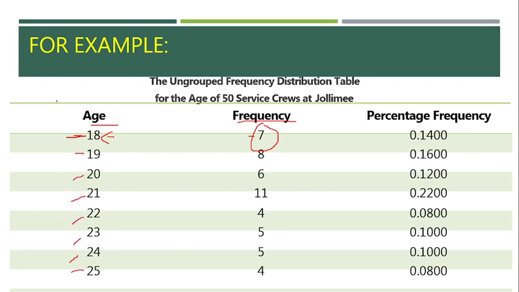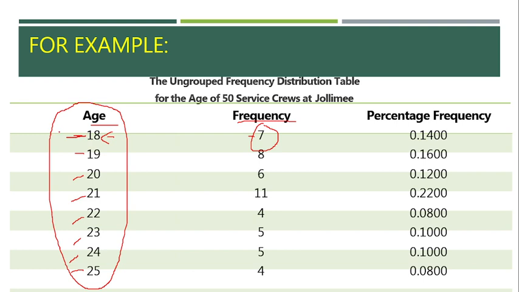So, basically, the first step in making a group frequency distribution table is to gather all the values first. These are the specific values that you might want to write down on a piece of paper first. What are the values that you have gathered in your raw data?